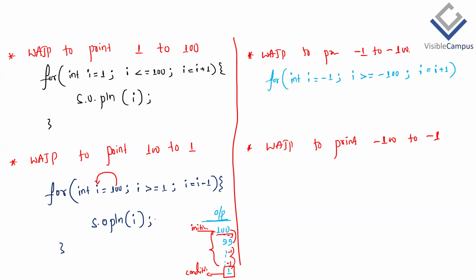Correct? Then here it is -1. So here it is -1. What about this?